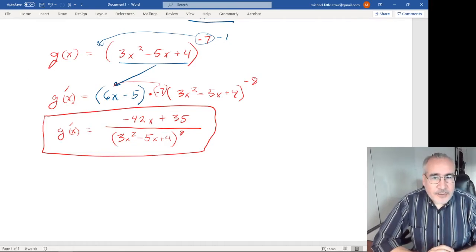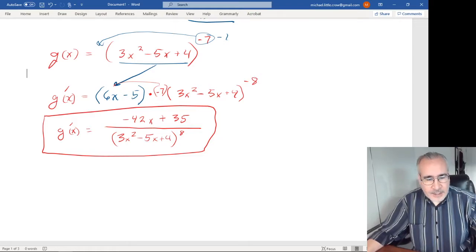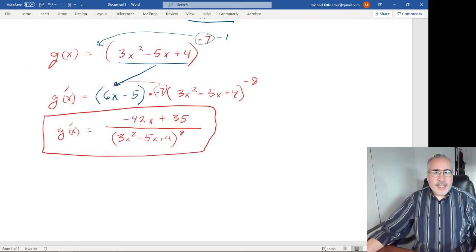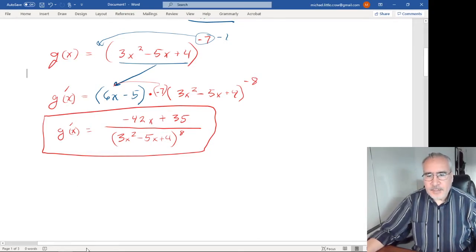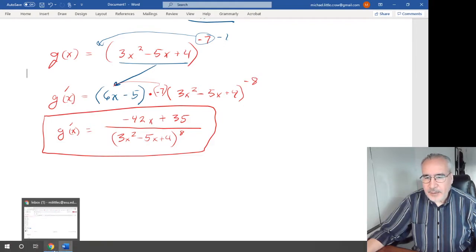So let's see if this helps. And this is basically all we need to be able to do. And we can take derivatives of whatever higher powers we want, because we're not going to expand things out. And for this lesson, that is pretty much all we need to worry about.